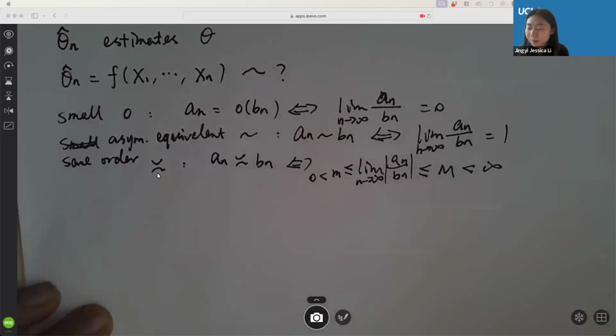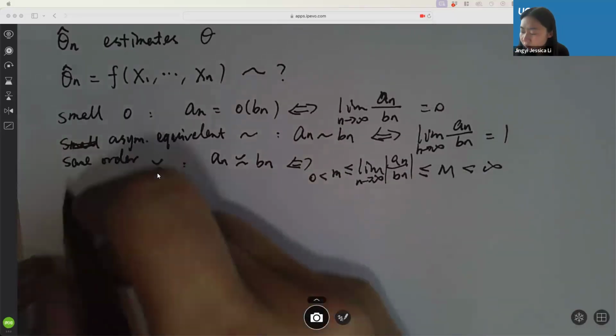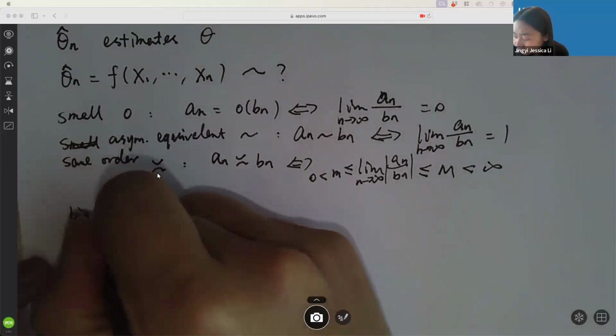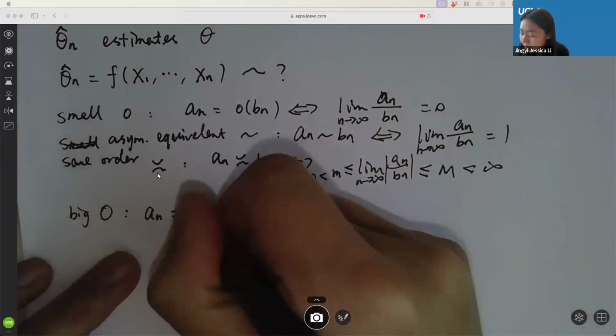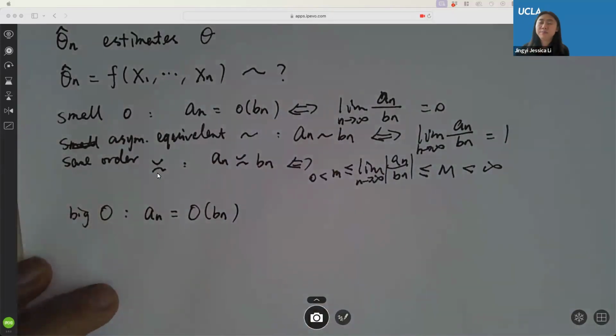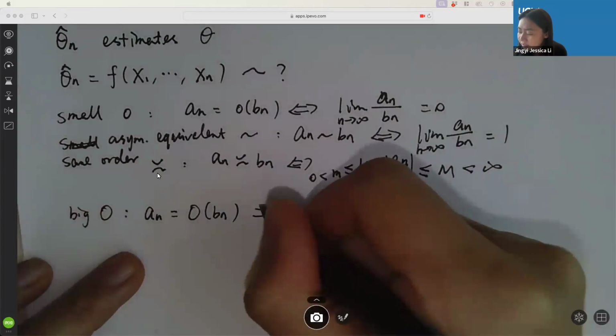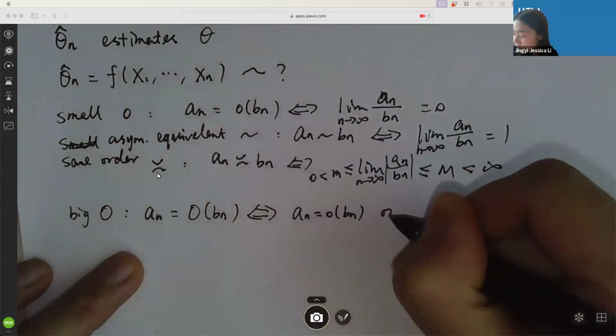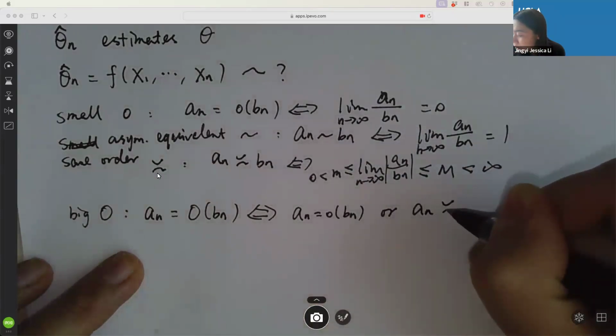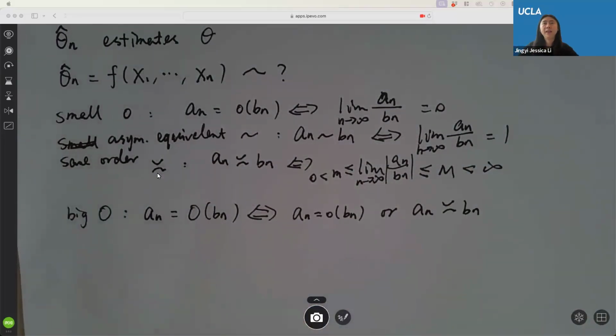Finally, by combining small o and same order, we have big O. When we write an is big O of bn, then we imply that either an is small o of bn or an is of the same order as bn.